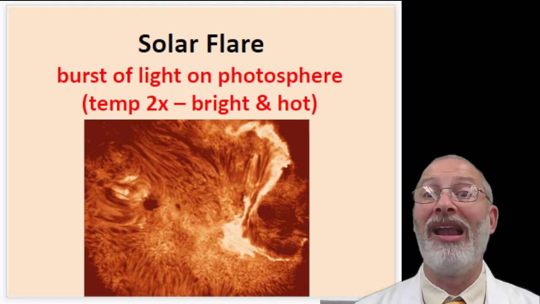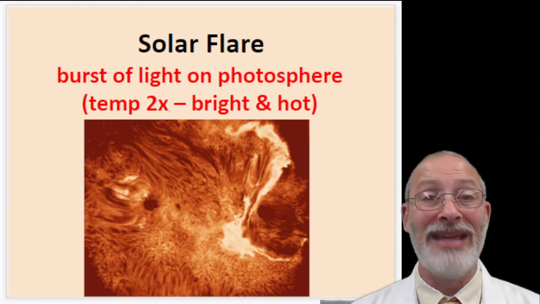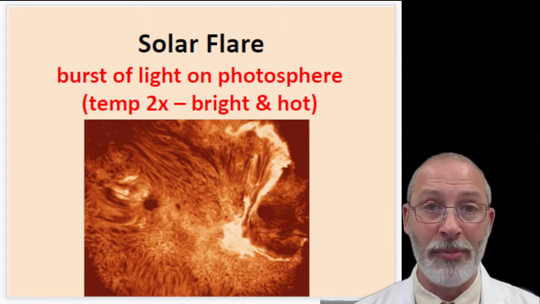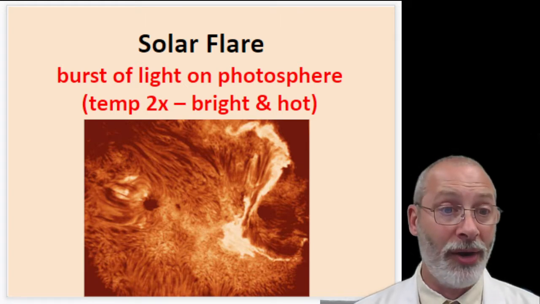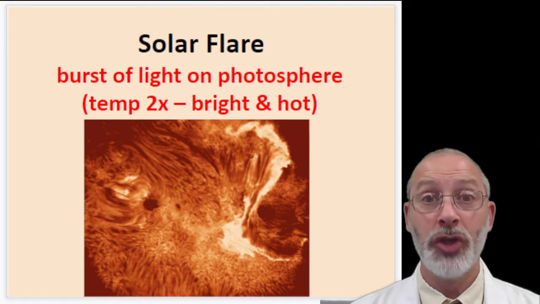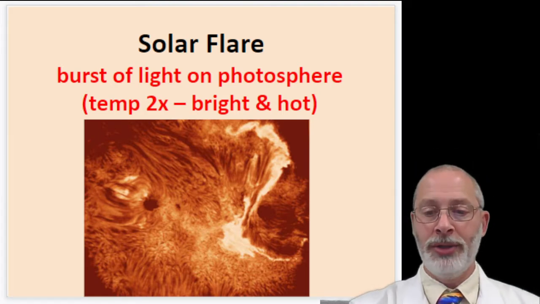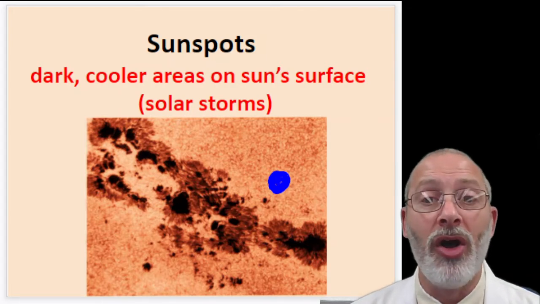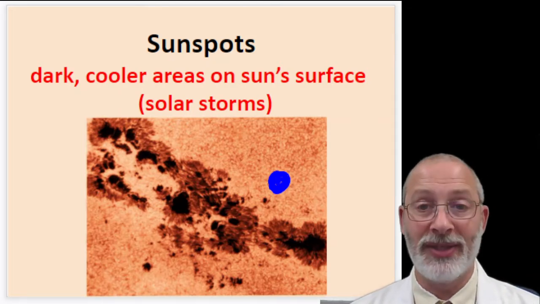They are a lot more powerful and damaging than the strongest storm could possibly ever be here on Earth. And so, speaking of storms, let's go on to the third type of solar activity, which are called sunspots.